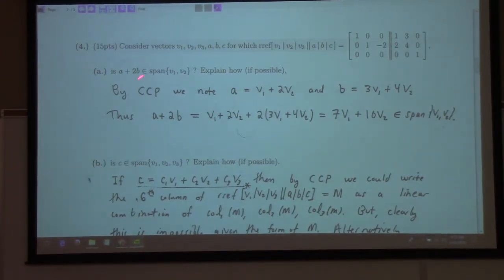This is what I mean when I say by column correspondence property, there's this relation between the columns, right? And you could take a point off my solution even, because my solution would be improved if I said by column correspondence property, comparing rows 1 and 2 and 4 of the reduced row echelon form, we find this linear correspondence between A and B because those are the corresponding columns in that, right?